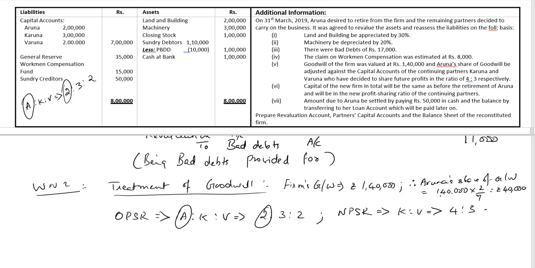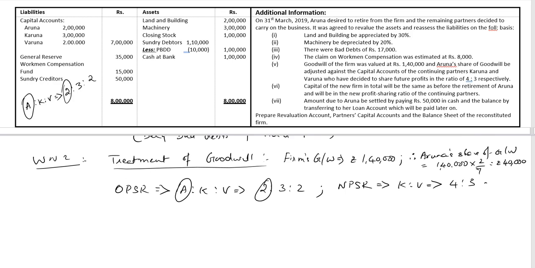So the NPSR is 4:3. Let's find out the gain or sacrifice of the partners. Aruna sacrifices 2 divided by 7.